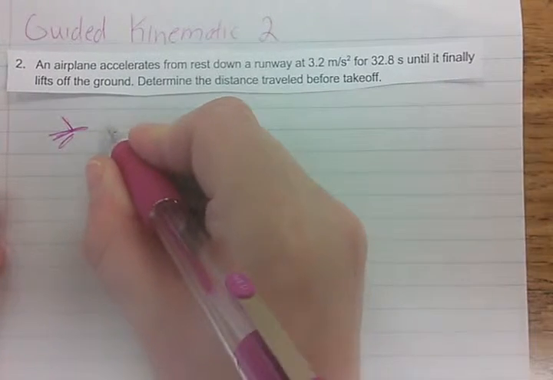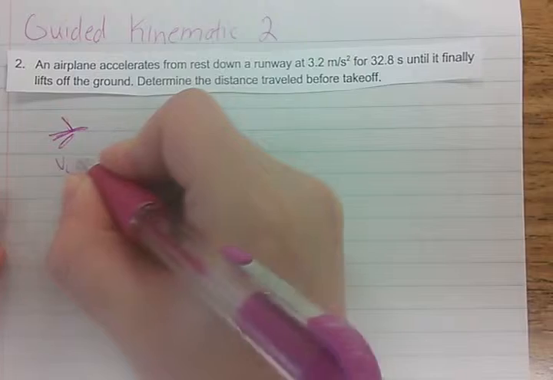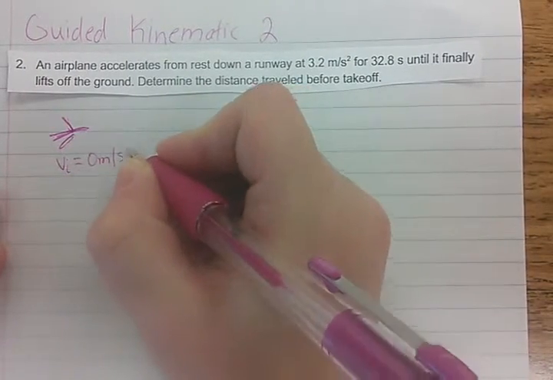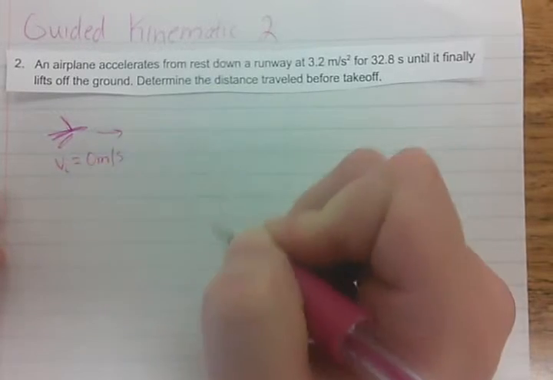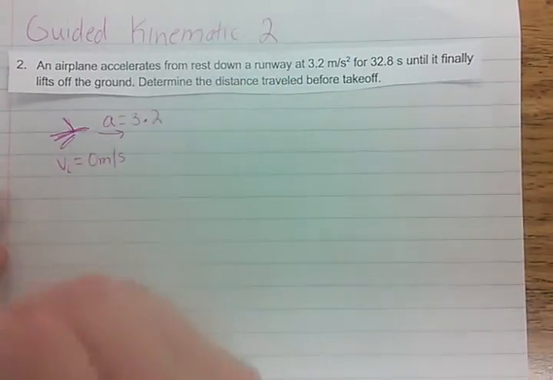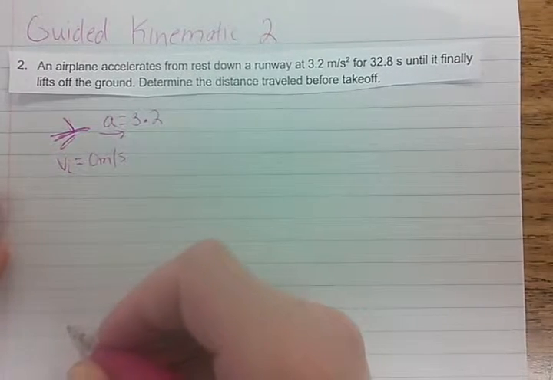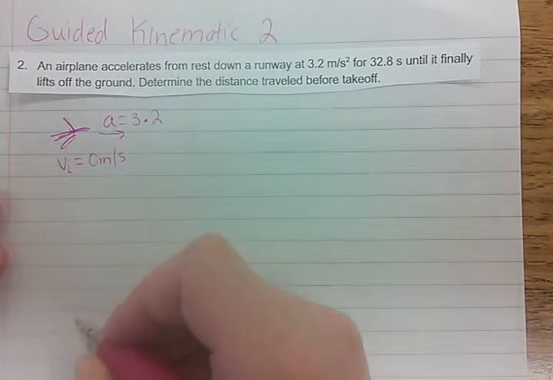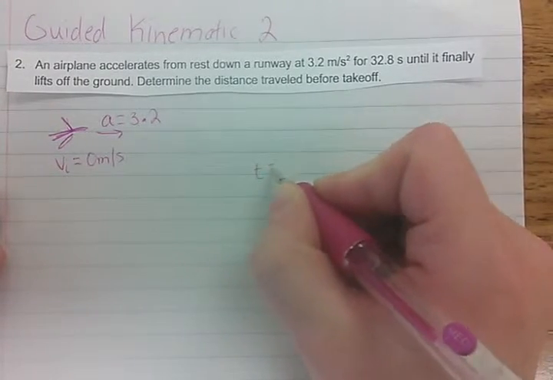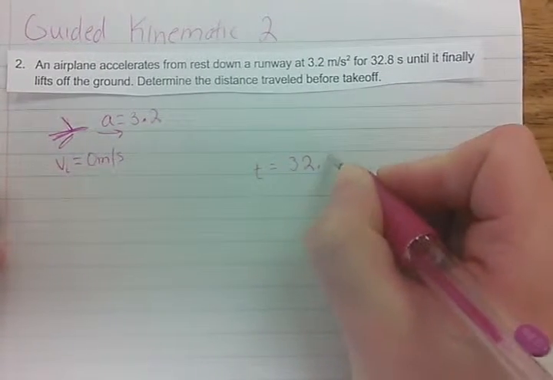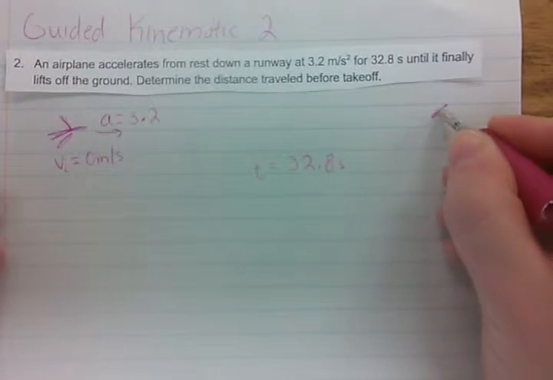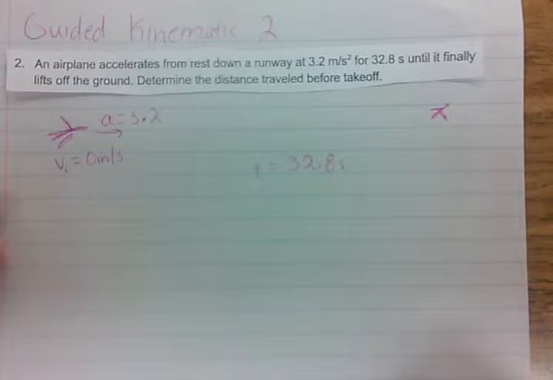And it accelerates from rest, so initial speed is going to be 0 meters per second, and then it accelerates at 3.2, and then it does this for 32.8 seconds, and it's going to lift off somewhere down here.